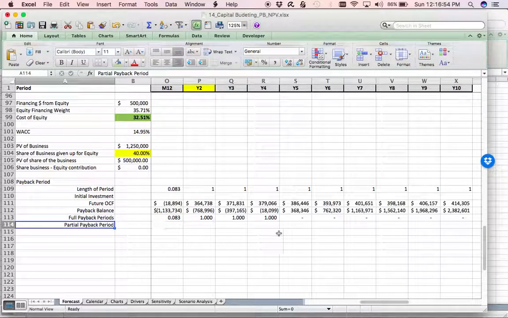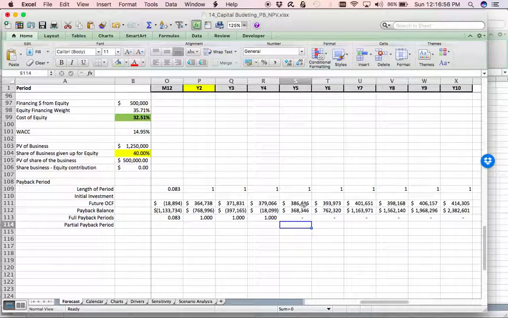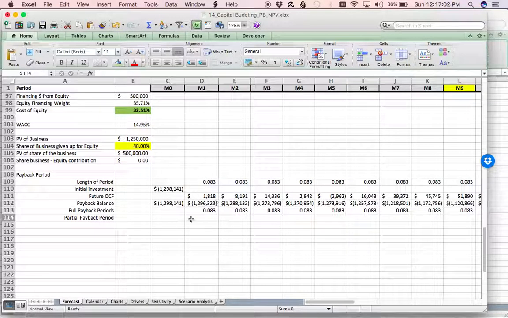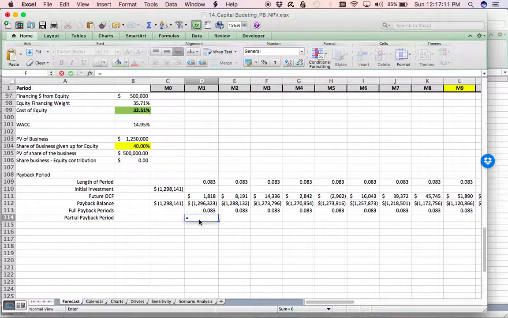And here the issue is we're going to get out to this period where we have paid it all back and it took less than the full period to do that, right? And so in that situation, what we have to do is use a little bit more complex formula. So it equals if, and then we're going to use something called an and. And so two conditions, if they're both true, then we're all good.